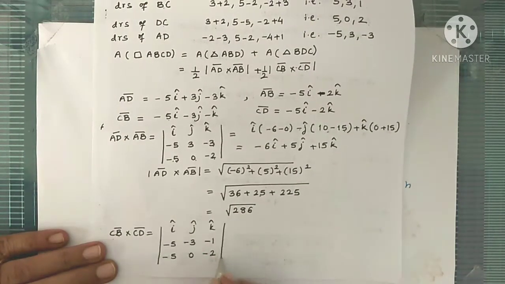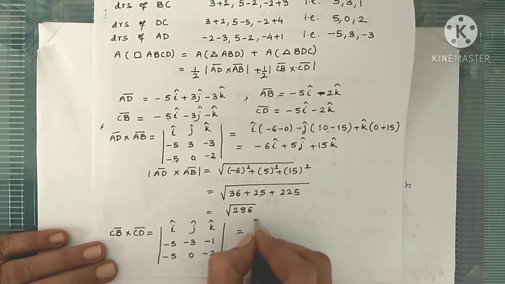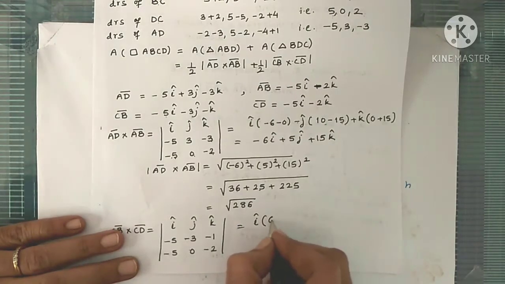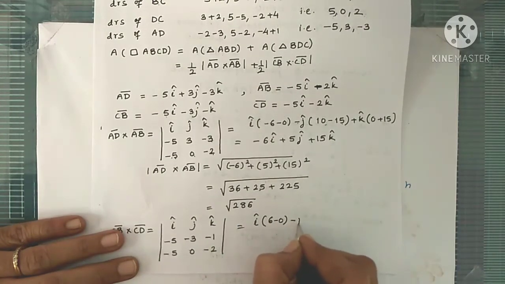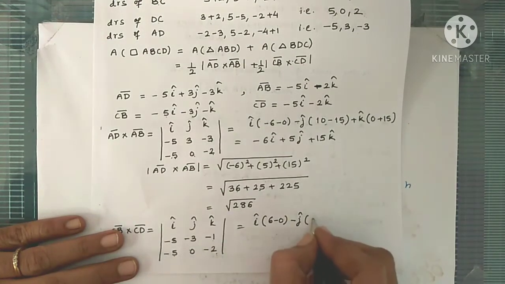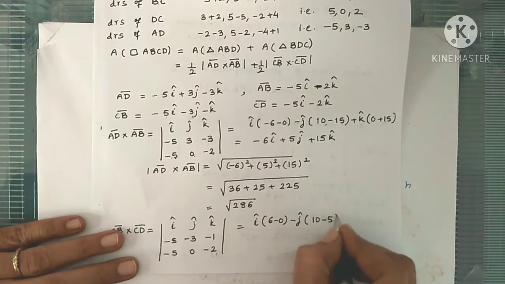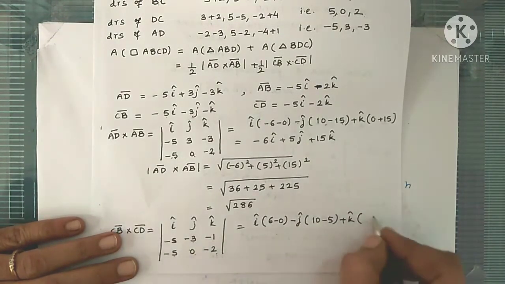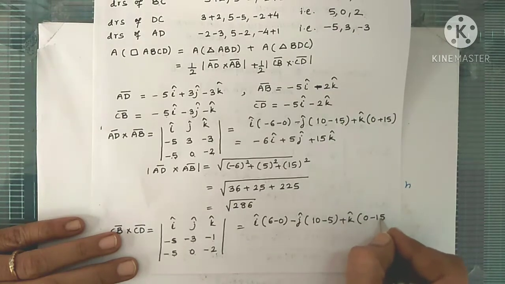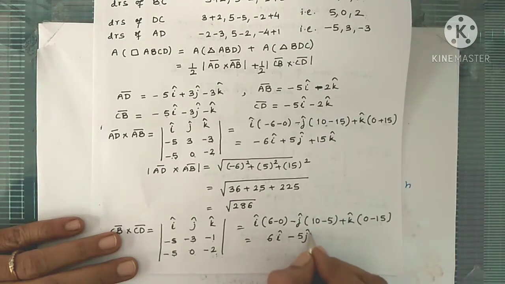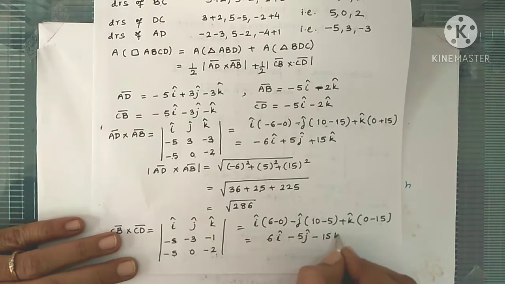So it is i cap, then we have 6 minus 0. Next term is minus j cap, 10 minus 5, plus k cap, 0 minus 15. So that is 6 i cap minus 5 j cap minus 15 k cap.